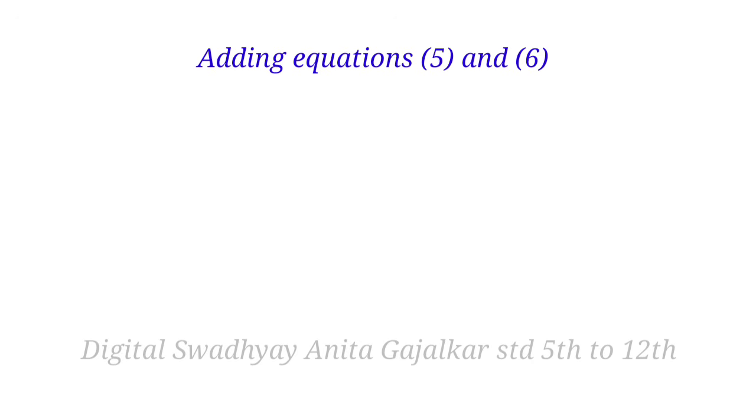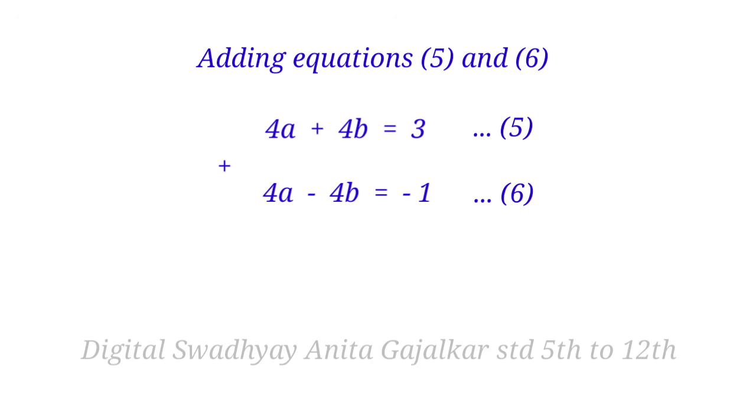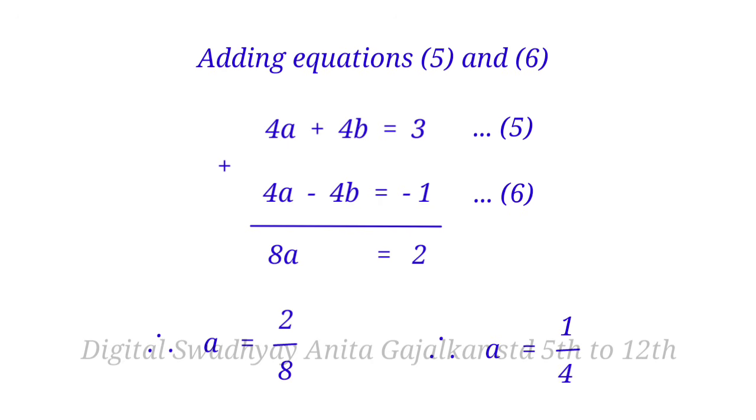Adding equations 5 and 6, 4a plus 4b equal to 3 plus 4a minus 4b equal to minus 1, 8a equal to 2. Therefore, a equal to 2 by 8. Therefore, a equal to 1 by 4.